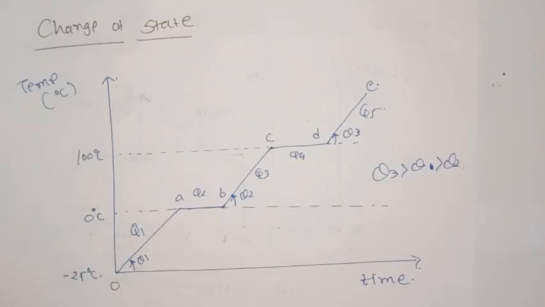Now let us see how the change of state occurs in the case of water. Depending on the temperature and pressure, all matter can exist in a solid, liquid or gaseous state. These states or forms of matter are also called the phases of matter.